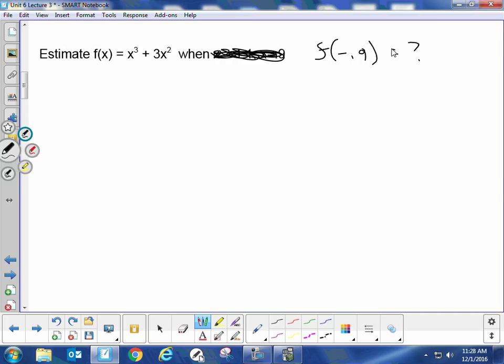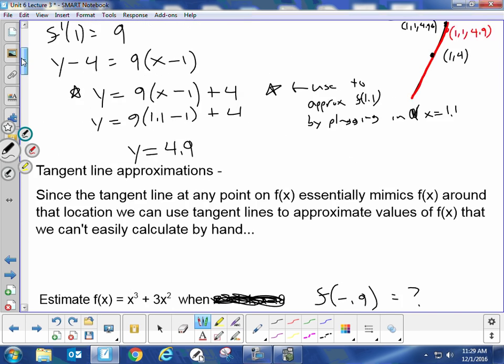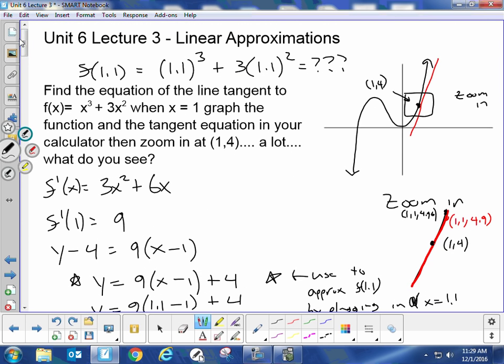Would I use an equation of a tangent line that is centered at 1, 4 to approximate f of negative 0.9? No, everybody should be shaking their heads. No. Why? Because it's not going to help me if I have a tangent line over here to approximate a point over here.